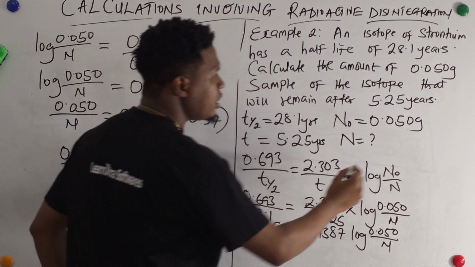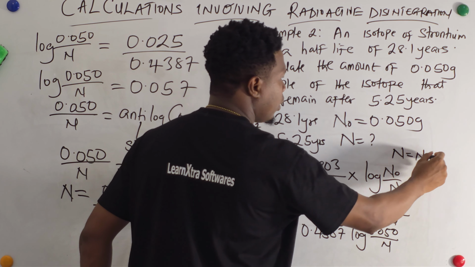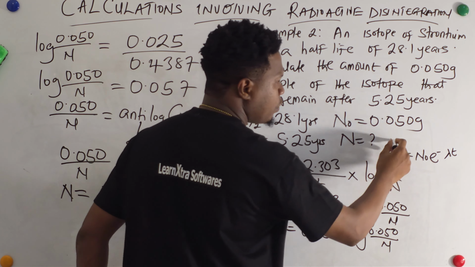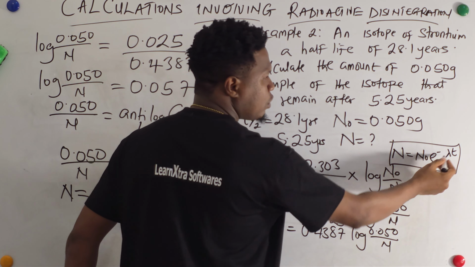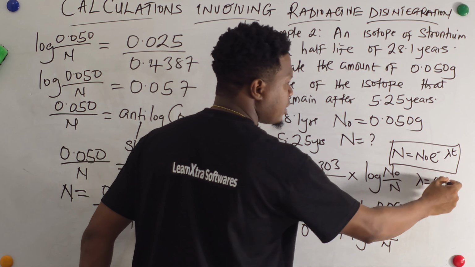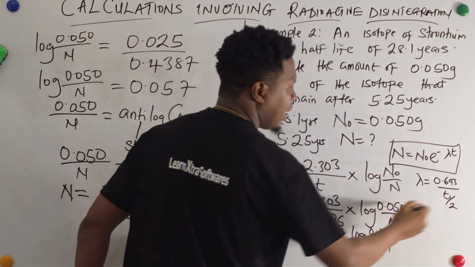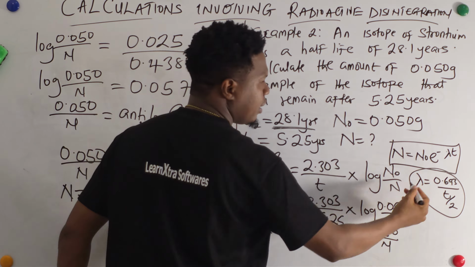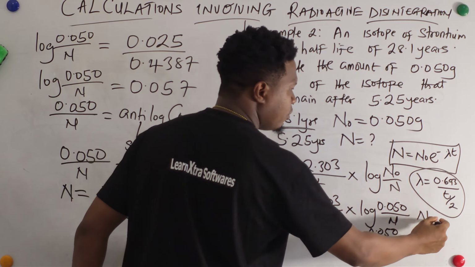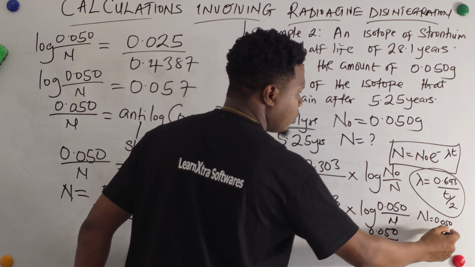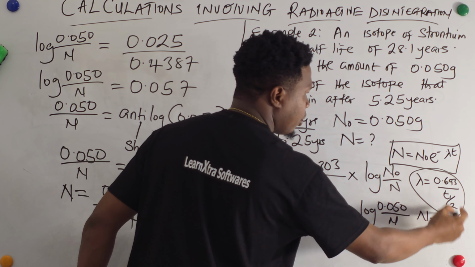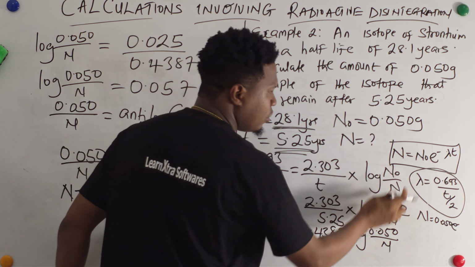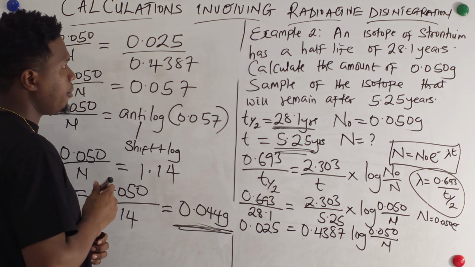We can solve it using N is equal to N naught exponential minus kt, where k is lambda. First we get k, which is 0.693 over the half-life, put this value here, and press the calculator. You can get the same answer.